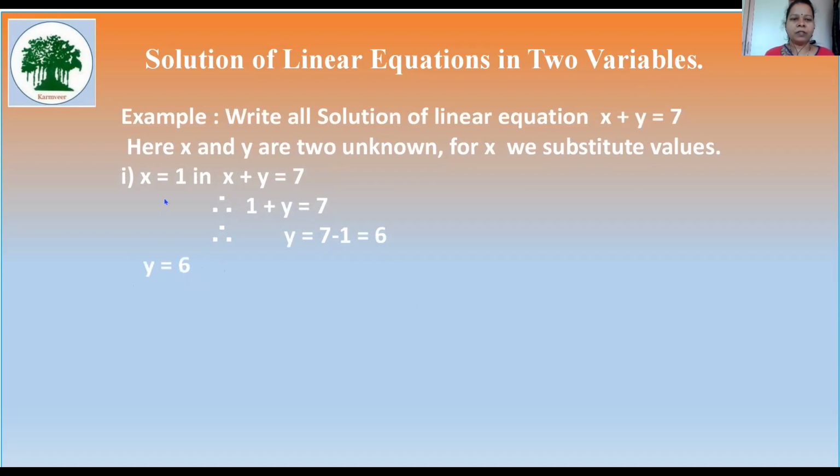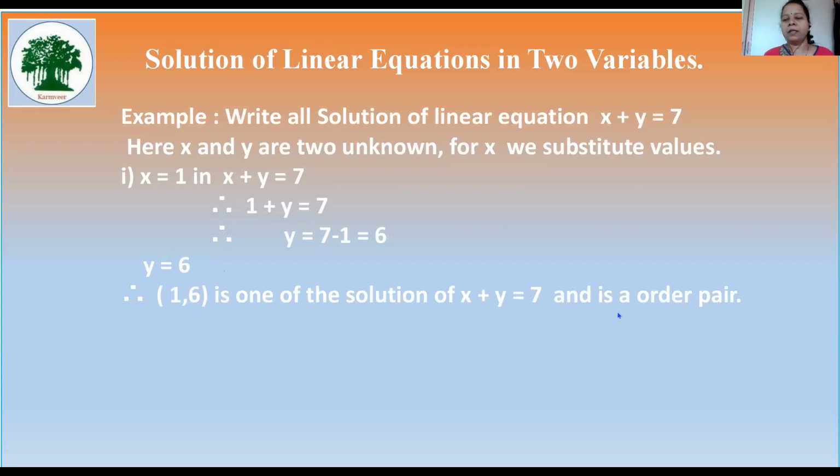These two were unknown. We find them and write the solution as an ordered pair: (1, 6) is one of the solutions of the given linear equation in two variables. If we put x is equal to 2, that is, we replace the value of x manually, we get 2 plus y is equal to 7, so y is equal to 7 minus 2, which is 5. So we get another ordered pair, or another solution, (2, 5).